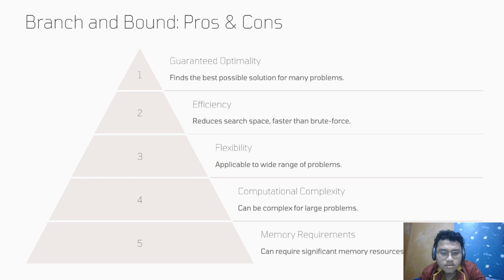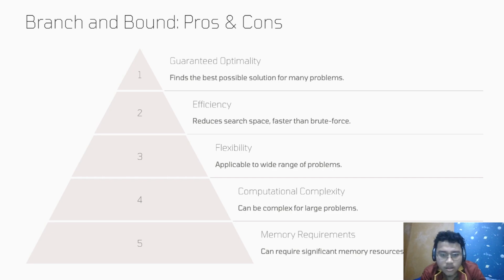The next is the pros and cons of branch and bound. Like any algorithm, branch and bound has both strengths and weaknesses. The pros are: guaranteed optimality, it finds the best possible solution. Second is efficiency, it reduces search space and computation time. The third one is flexibility, it can be applied to many different optimization problems.